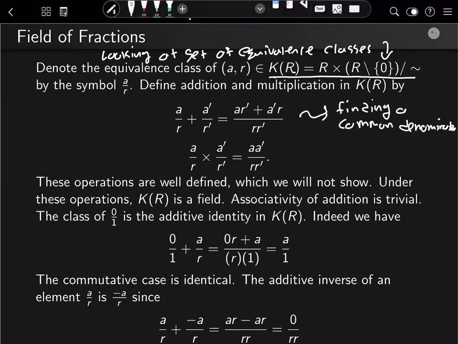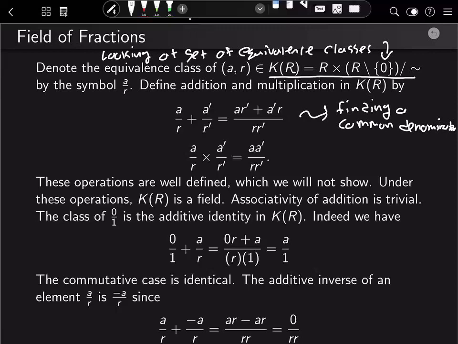These operations are well defined. It's not too difficult to show, so we'll just leave that for you to check if you'd like to. Our big claim is that under these operations, K of R is a field.